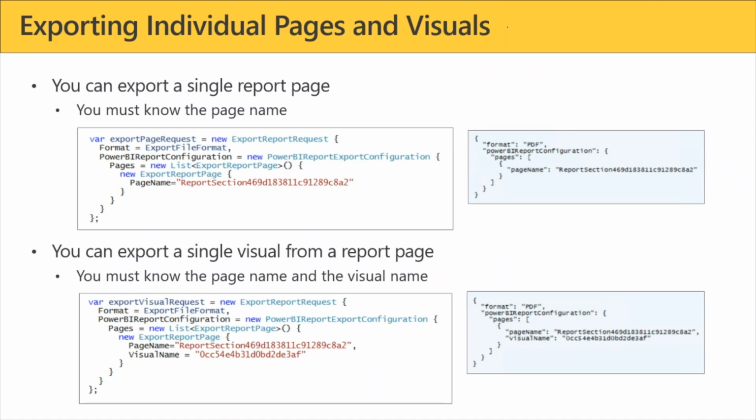Now, visual names are a lot harder to get. There's no Power BI REST API to get the names of the visuals. You can get them either by dissecting the PBIX file, which isn't really supported, but you can do it. Or once you use embedding, you can use JavaScript to query and get visual names then.